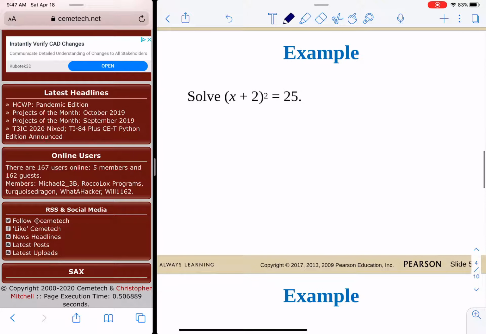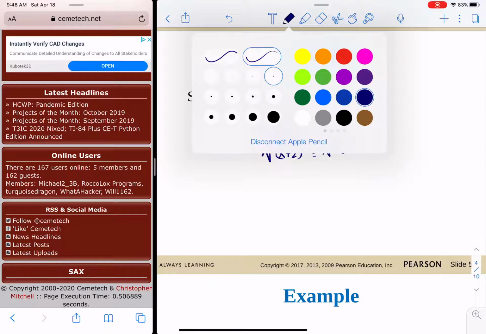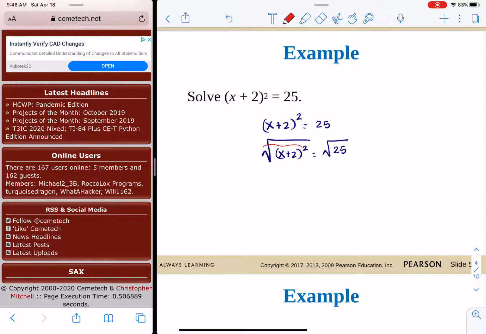The next example is also pretty straightforward, in the sense that we have a perfect square on the left-hand side, which is x plus 2 whole squared. So we have x plus 2 squared equals 25. Take the square root on both sides. The root and the square would get cancelled.